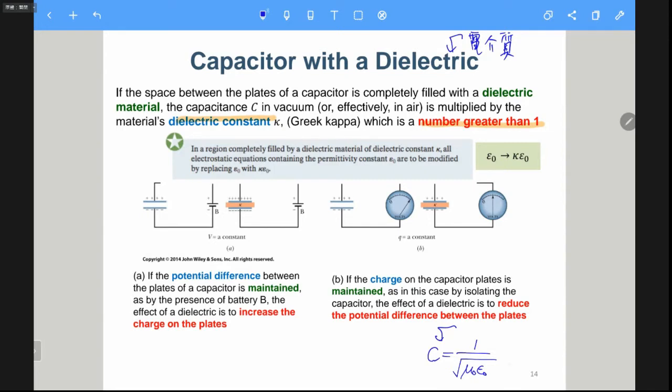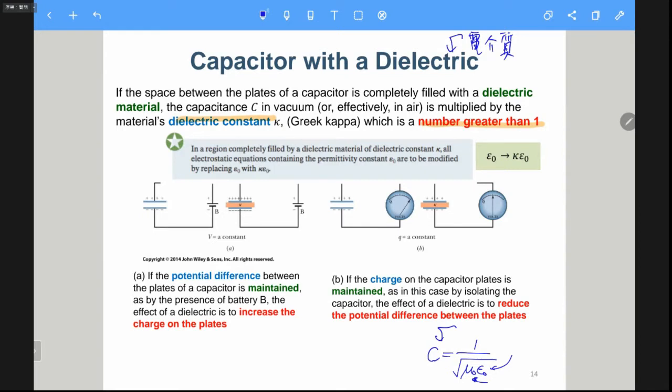Epsilon naught is what you have learned here, 8.85 times 10 to the minus 12, and mu naught, which you learn in chapter 28, is the permeability, 4 pi times 10 to the minus 7. When you plug in the values, you calculate the speed of light as 2.998 times 10 to the 8th power meter per second.